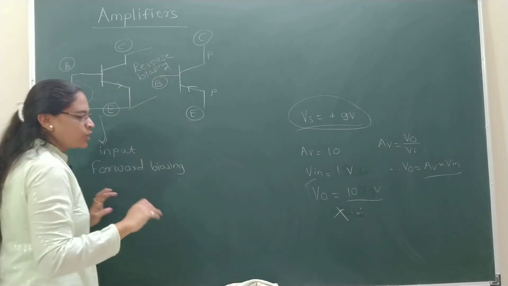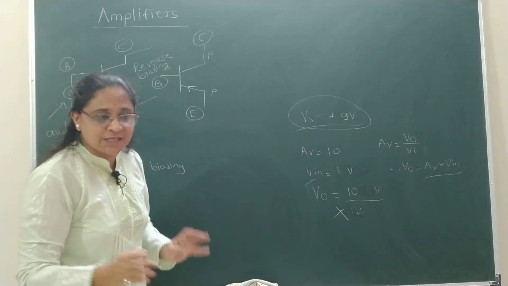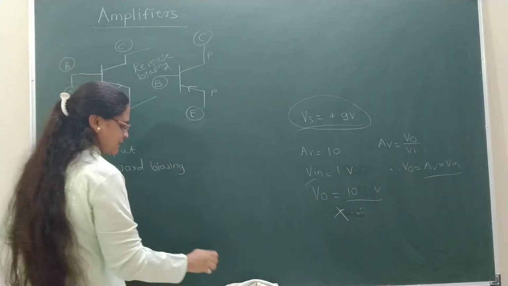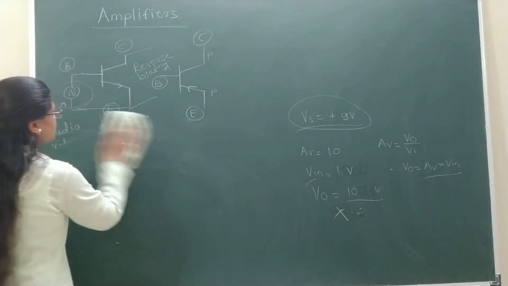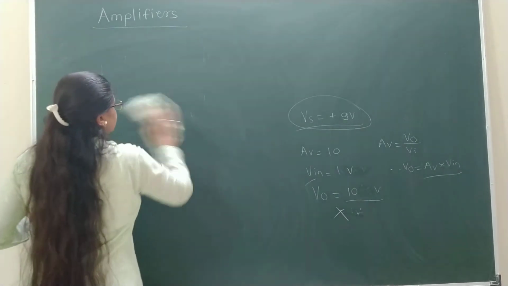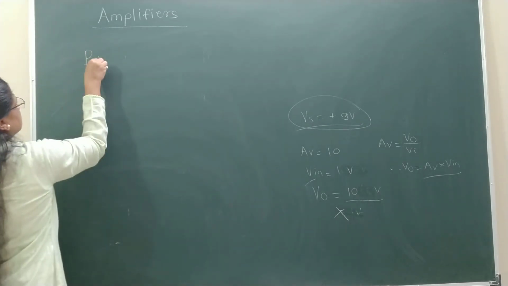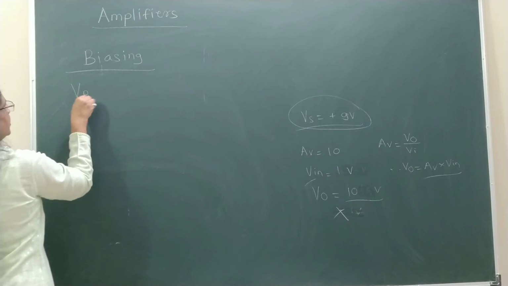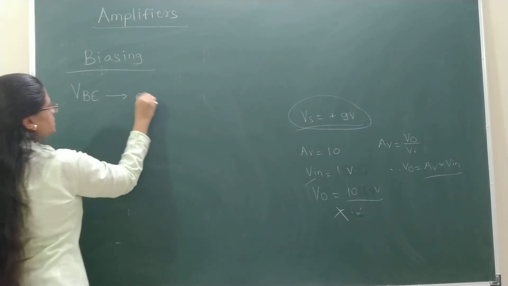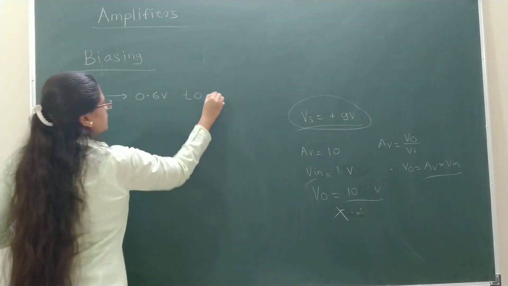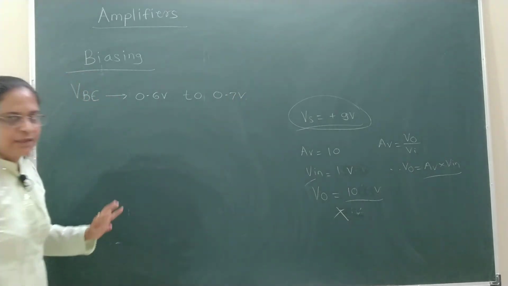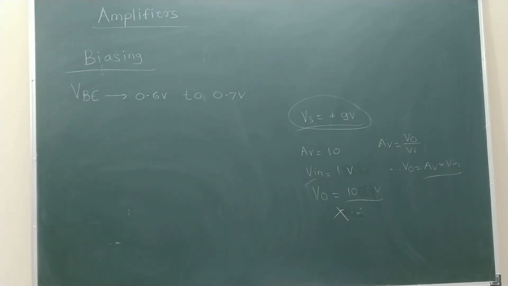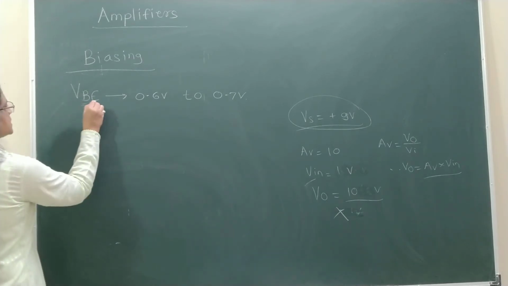But basically, what is forward biasing and what is reverse biasing, or in general what is biasing? Whenever we consider the term biasing, it shows it has to always provide VBE minimum 0.6 volt to 0.7 volt, so that this will always overcome the depletion layer that is available between base and emitter.